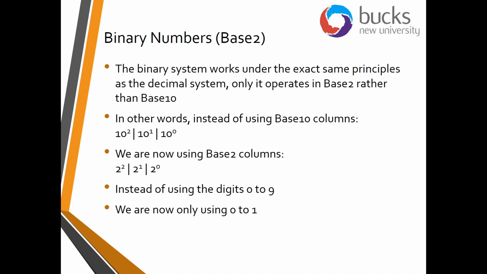And then following on from that, it would go to 2 to the 4, which would be 2 times 2 times 2 times 2, which would be 16. We notice that the value of those columns will be doubling, timesing by 2, as we move to the left. So we go 1, 2, 4, 8, 16, 32, 64, 128.